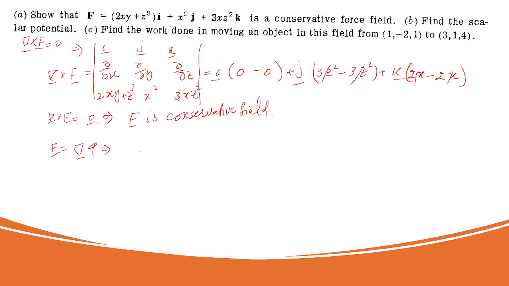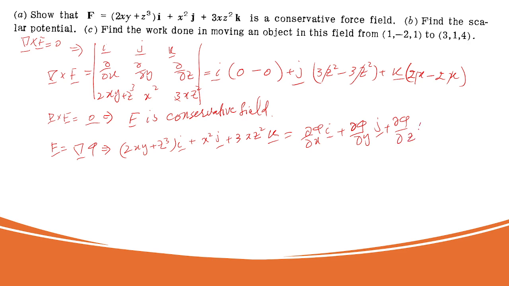So this implies that (2xy plus z cube) i, x square j and 3xz square k, so that is the force field F, and grad phi means partial phi by partial x i, partial phi by partial y j and partial phi by partial z k.